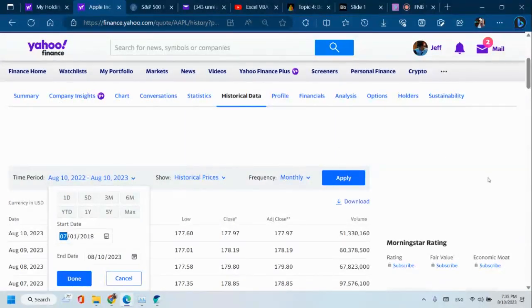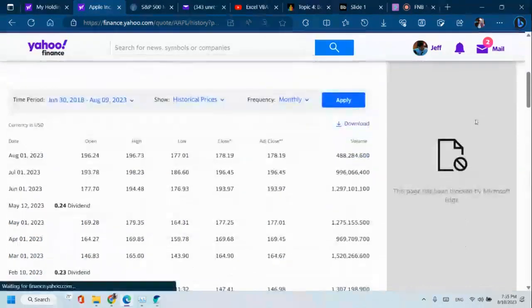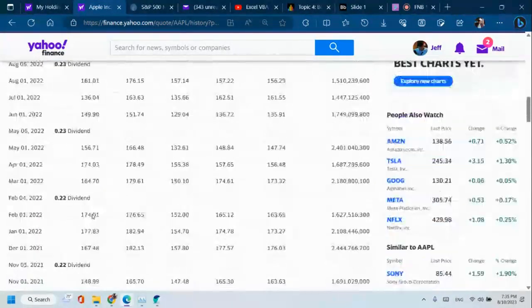Which date, July 1st or July 2nd, doesn't matter because it's monthly data we're gonna get, right? So then done. June 30th is basically the same thing. Apply. Now we have monthly data, right?